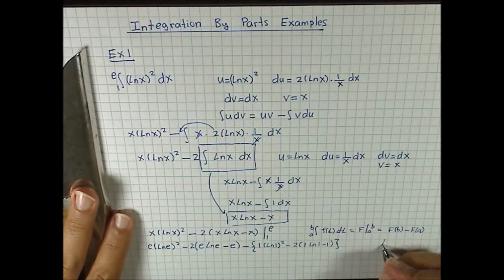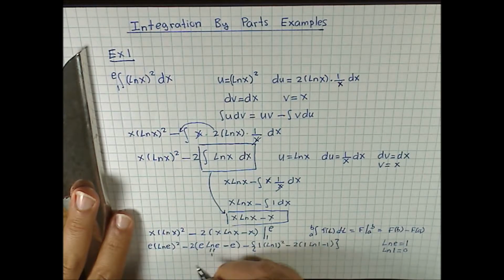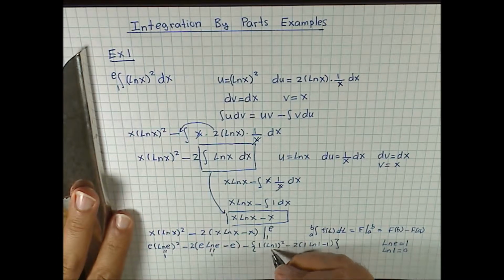Now log of e is equal to 1. Log of 1 is equal to 0. So log e is 1, log 1 is 0.